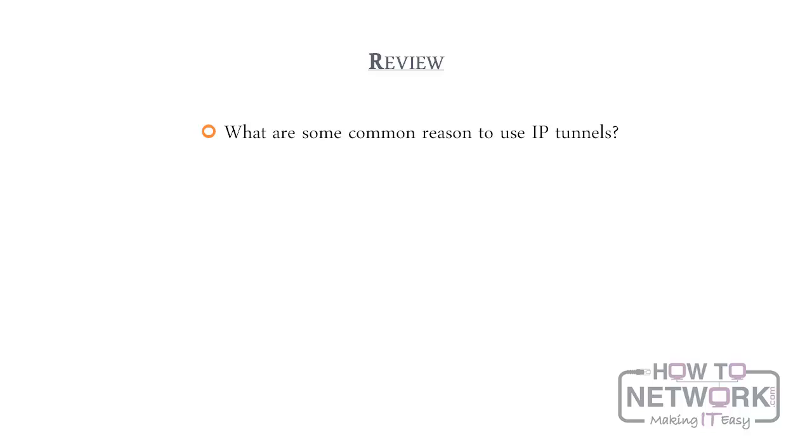Let's name some differences between GRE and IP-IP tunnels. Some differences between GRE and IP-IP include the encapsulation format used by each tunneling protocol and the types of protocols each protocol can encapsulate.